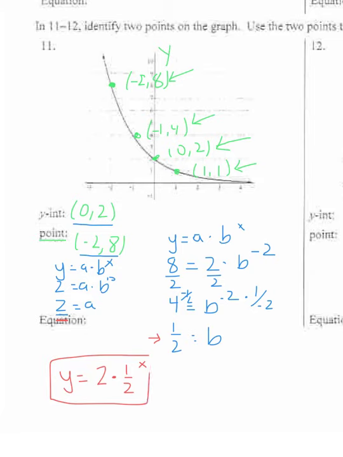So that's going to be your solution. That's going to be your equation, which makes sense because look at the number below the x, it is 1/2. 1/2 is less than 1, so it's going to be a decay factor of 1/2, which makes sense because the graph from left to right is going down. Right?